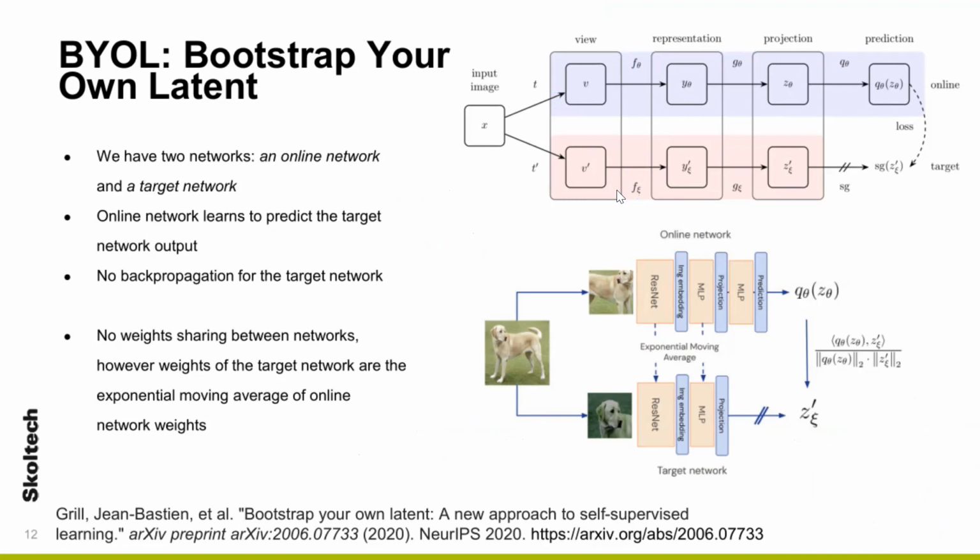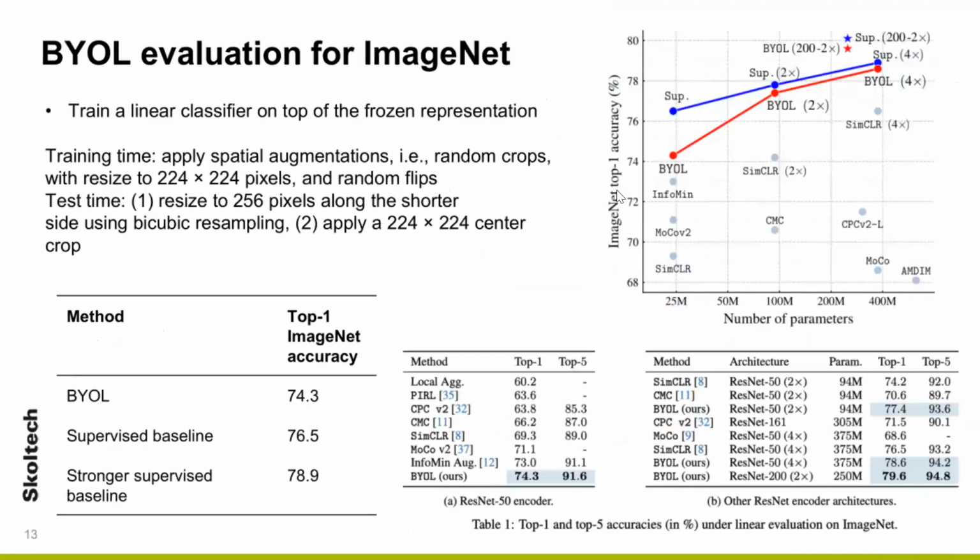I think. So now we don't have negative pairs, and I want to cover a bit on how we assess the quality of self-supervised models. If you want to test the representations here, we can try to train a linear classifier on top.